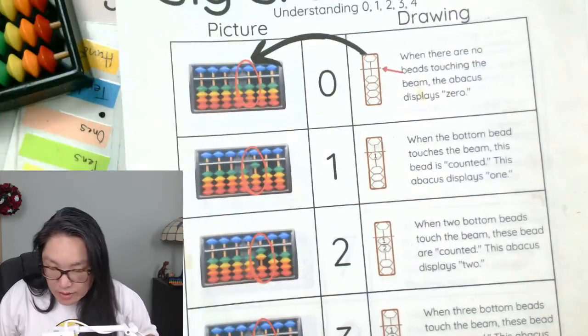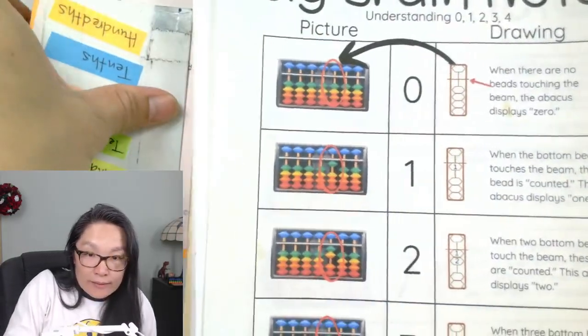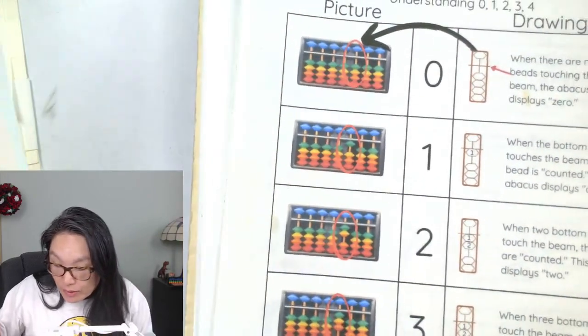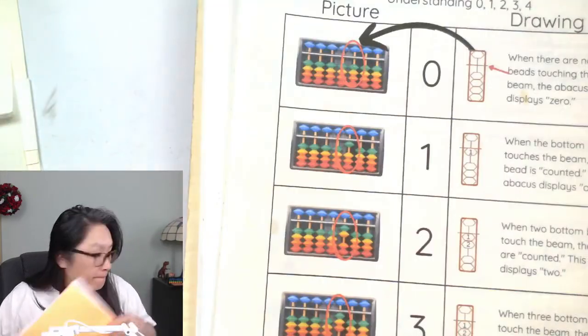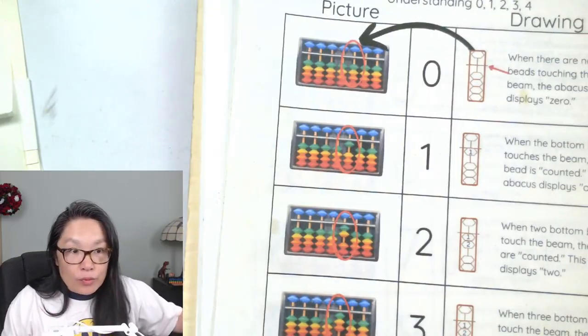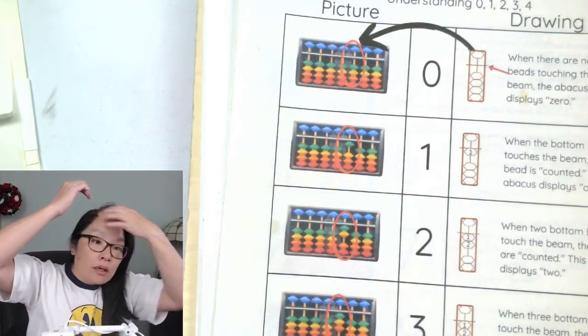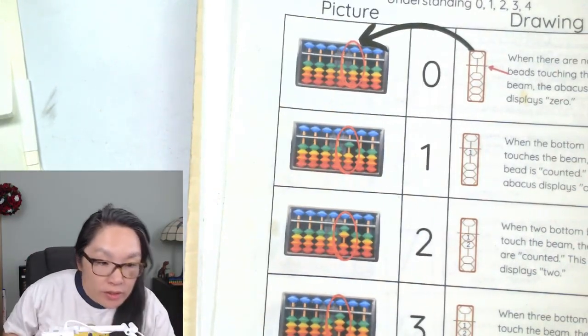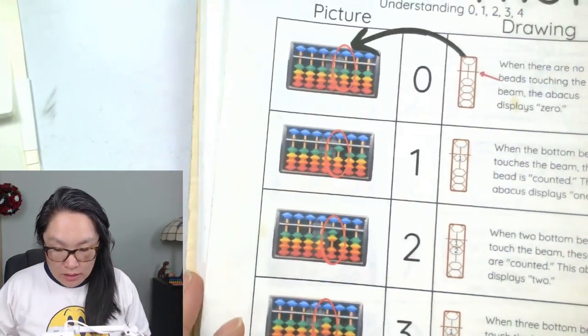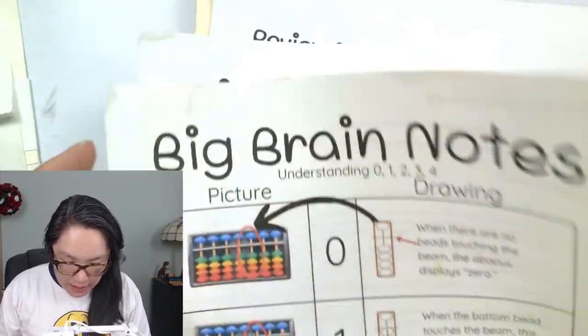Do you have any other specific questions about the abacus, or do you want me to just continue on adding and subtracting? We could do any question, really. It's a small group. Tracy, do you have any specific questions? Any of the worksheets that I have? Was there any specific worksheets that you were looking for?